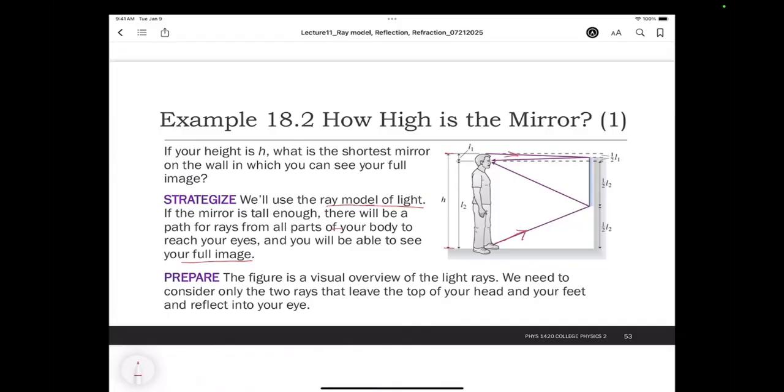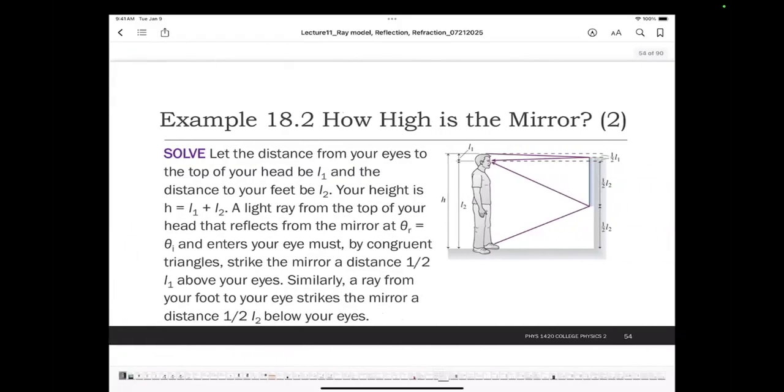One is from the feet, the other is from the head. Here is your eye, and here is your head. The distance here is L1, and the distance to your feet is L2. Your height is obviously L1 plus L2.